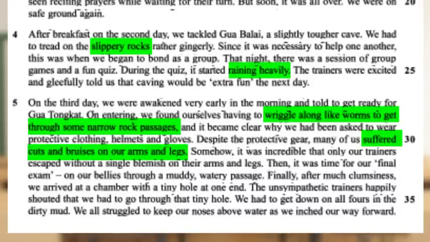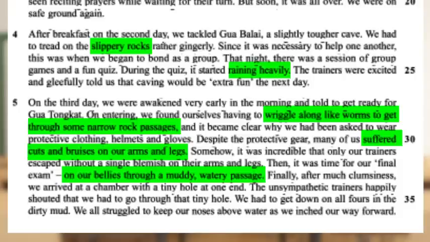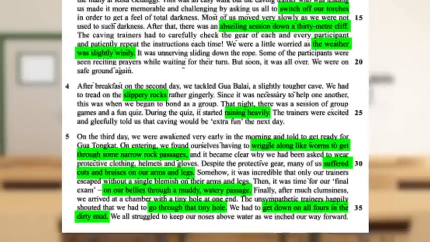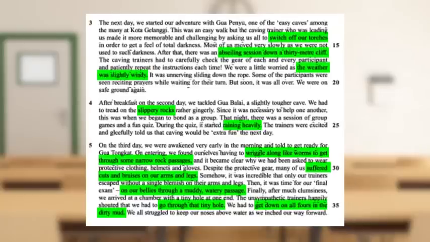Suffered cuts and bruises on our arms and legs. On our bellies through a muddy, watery passage. Go through that tiny hole. Get down on all fours in the dirty mud. So, as long as you mention any of these points, you will be given marks. It is very easy to get 10 marks, so don't waste this opportunity.